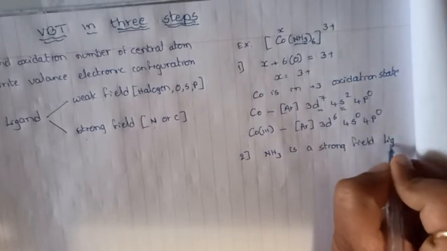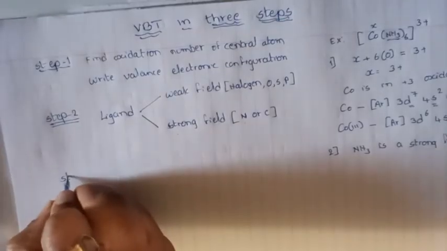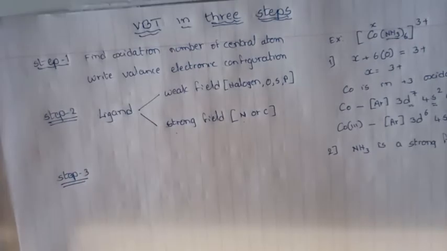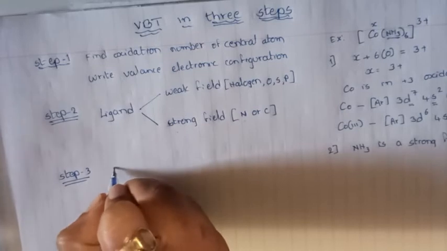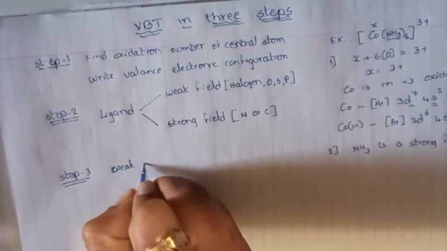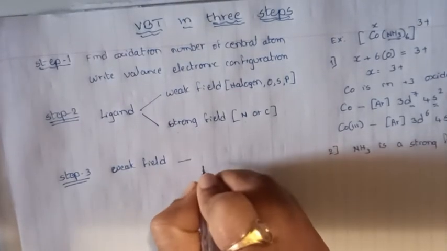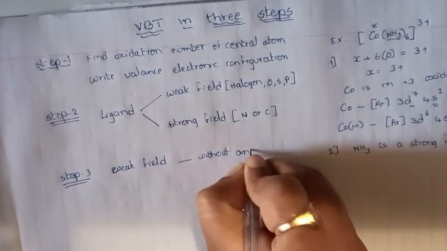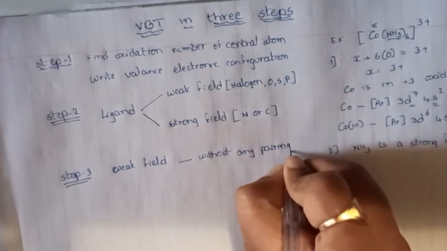Now, in the third step, you have to write the electronic configuration of the electrons.